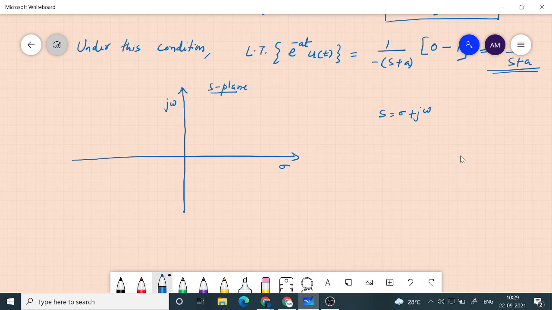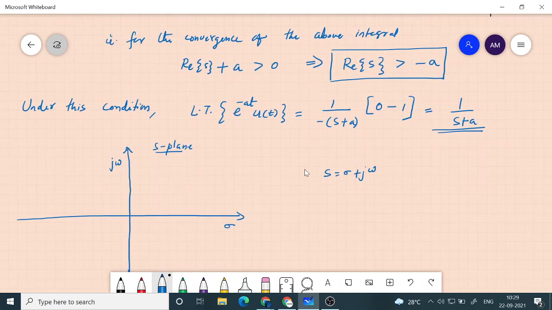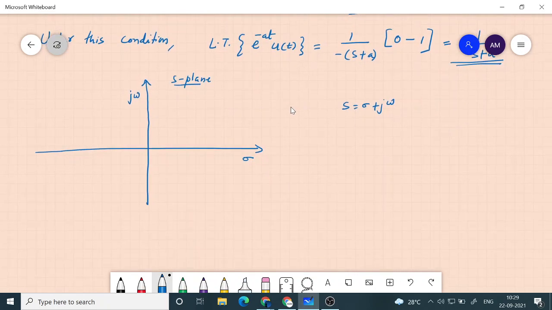In this plane, anywhere the value of s can be, extending to plus infinity, minus infinity, plus j infinity, minus j infinity. You find the region where the Laplace transform is valid, and that is when real part of s is greater than minus a. A is a positive number, so minus a will be somewhere here.